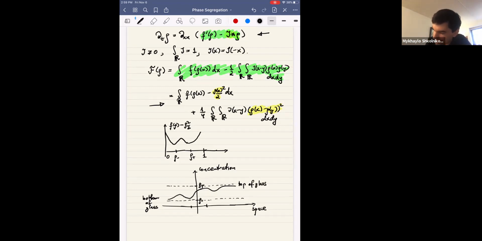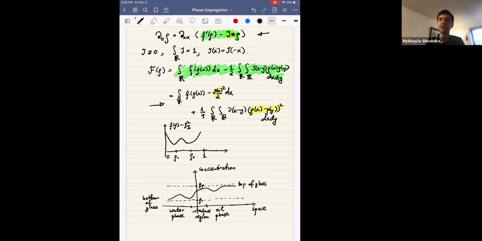So you have basically water with some oil impurities on the left, oil with some water impurities on the right, and you have an interface region that separates the two, where the concentration goes from being close to rho minus to close to rho plus.